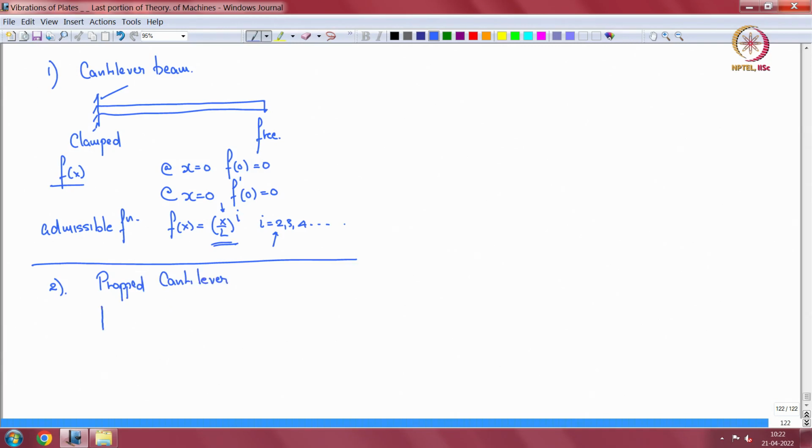So we have a cantilever, but it is just supported at the end for 0 displacement, at x equal to 0, x equal to L. Now what do we have?